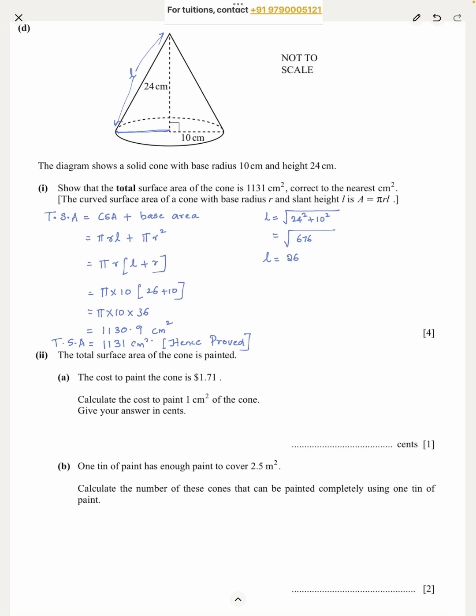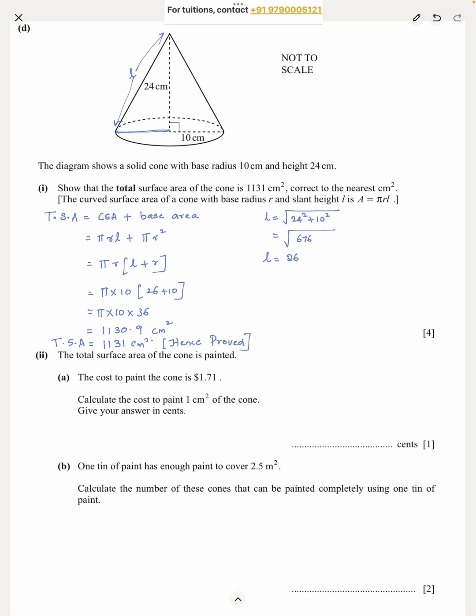So next subdivision. The total surface area of the cone is painted. So they are referring to that same cone which has been mentioned in that subdivision 1. The total surface area of the cone is painted. The cost to paint the cone is $1.71.